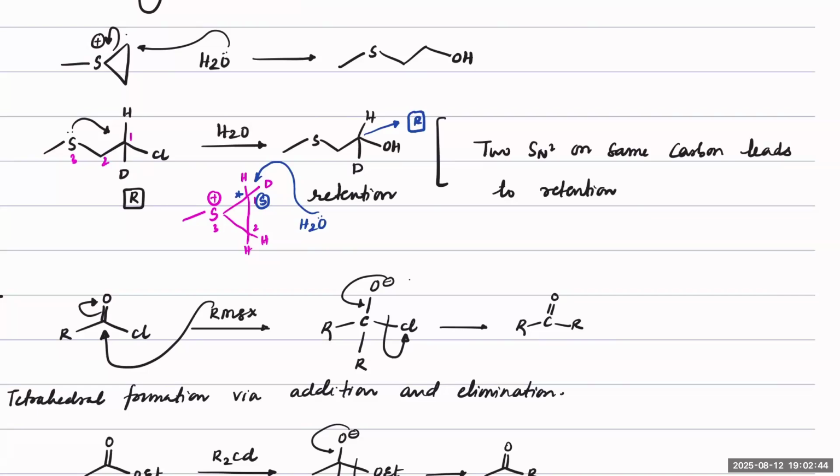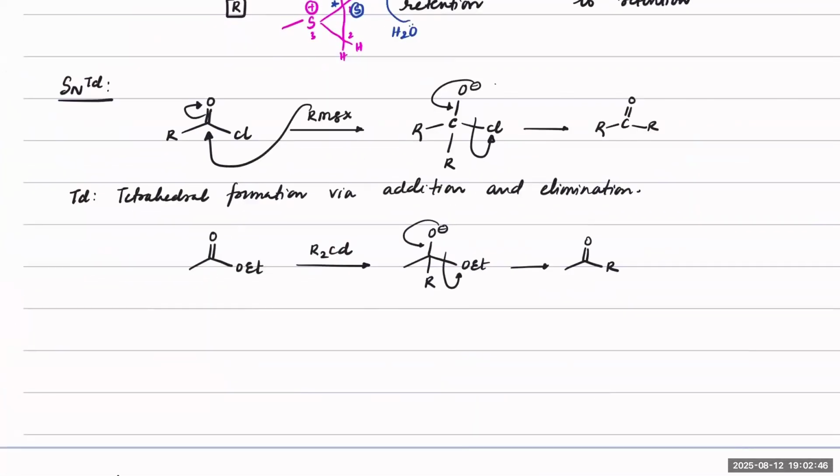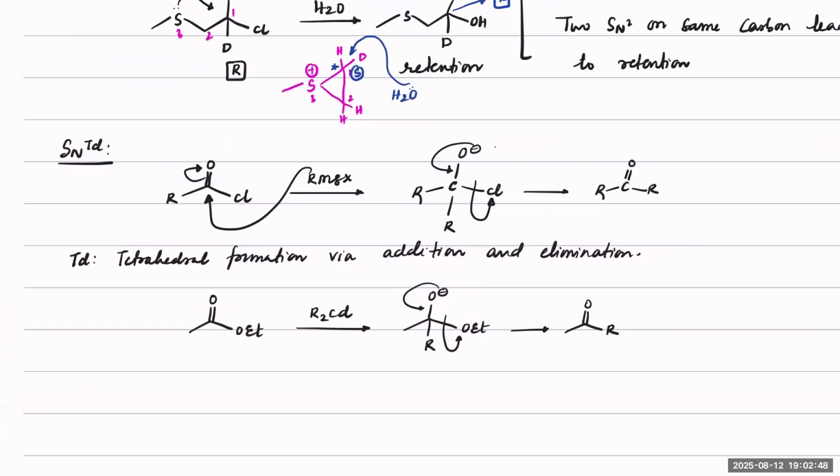Got it. Clear? Right. Last one is about SNTD. SNTD is when you have a reaction like RMgX attacking, which would make this O minus. The O minus will again push back in so that the chlorine can leave, retaining this double bond status.